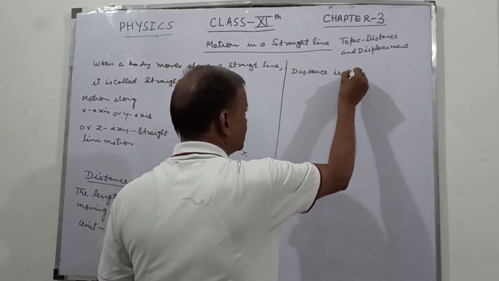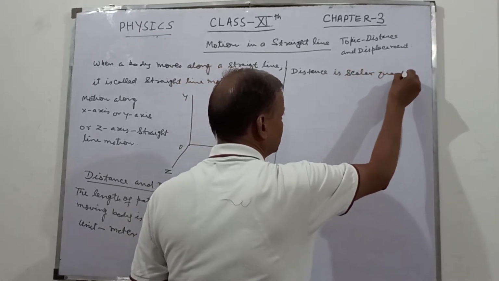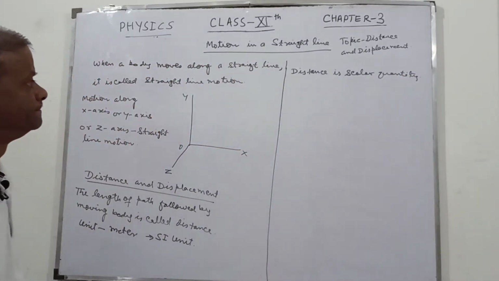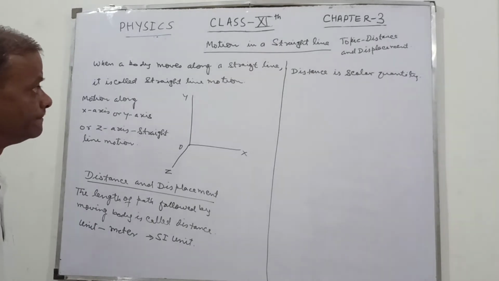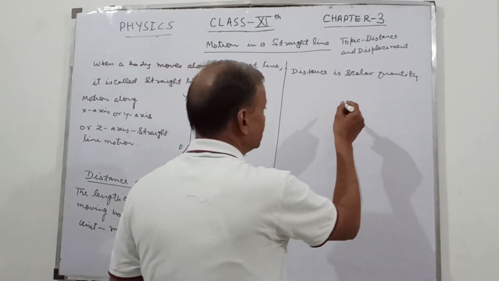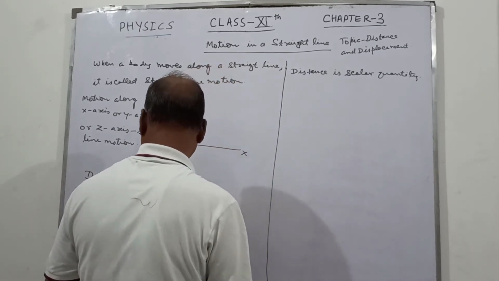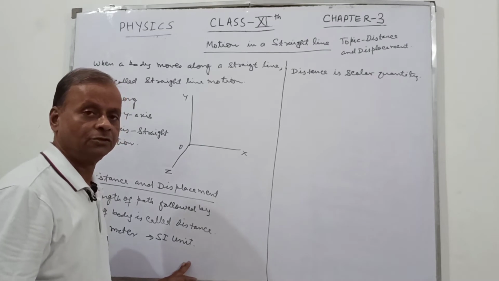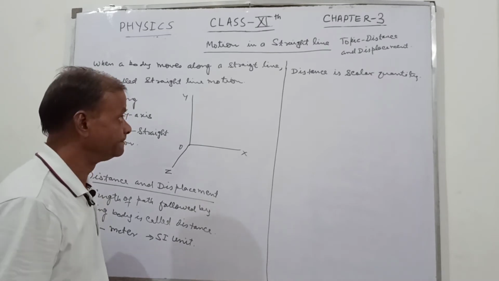Distance is scalar quantity. So it has no direction at all. Suppose you are moving through different paths between the initial and the final points. So whatever the path is followed, that is the distance.